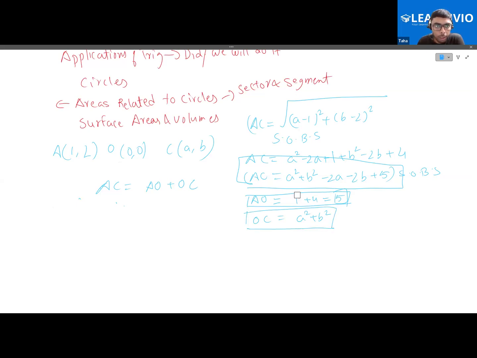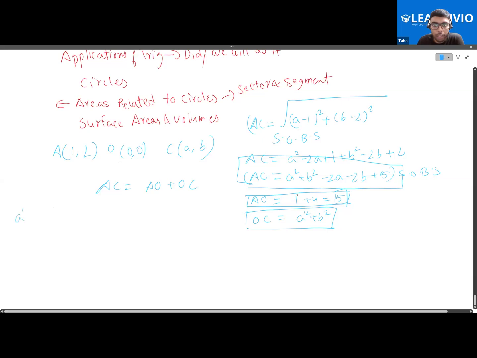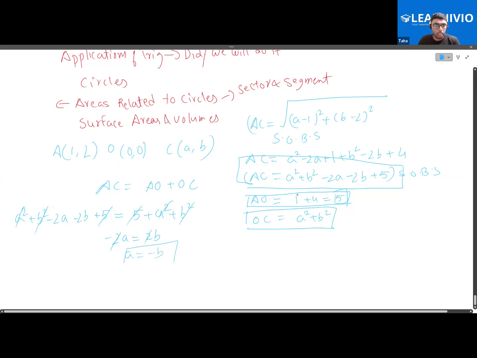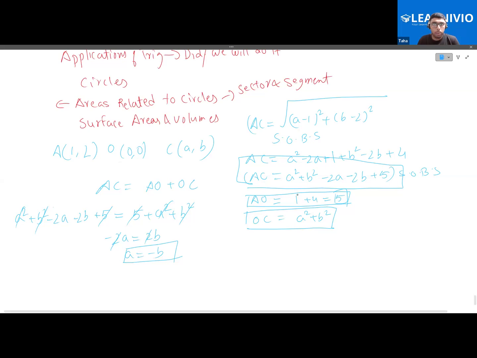So when we substitute these values, that would be A square plus B square minus 2A minus 2B plus 5 is equal to 5 plus A square plus B square. This is the condition when they are collinear. So A square and A square will get cancelled, B square will also get cancelled, 5 will also get cancelled. Minus 2AB is equal to plus 2AB, and A is equal to minus B would be the answer. A is equal to minus B or B is equal to minus A.